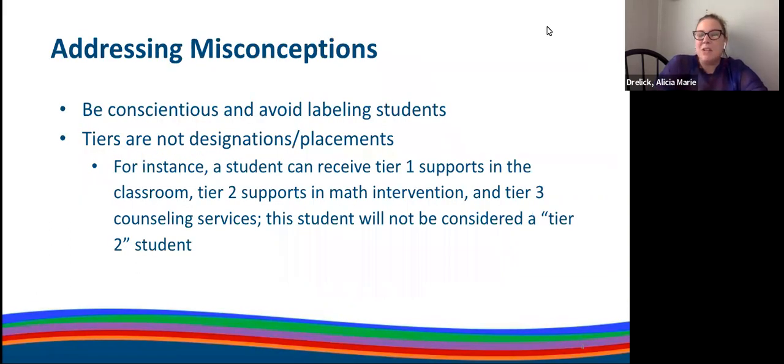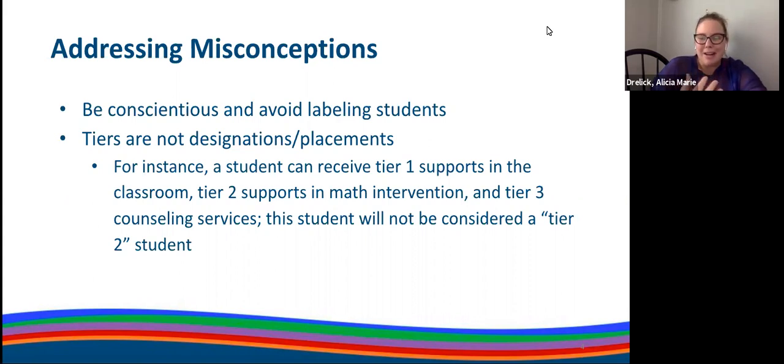We'll first begin with addressing some very common misconceptions about multi-tiered support systems. First, we want to make sure that this is not something that leads to labeling students. So when we talk about tiered supports, we are not talking about designations or placements. We are specifically talking about the level and intensity of supports that are received by students.